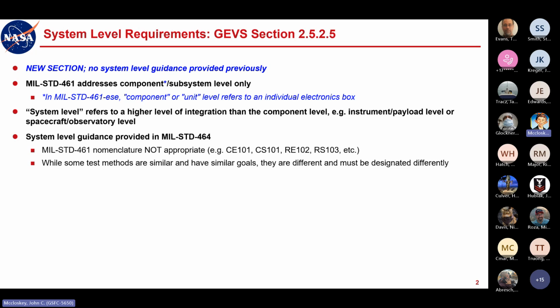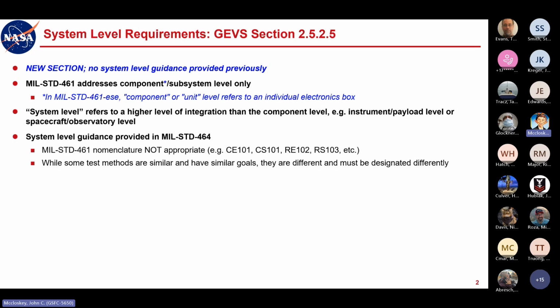When you say you're doing RE, I'll give you a specific example. Say you're doing RE 102. At component level, that means some very specific things, including a 1 meter distance from the test antenna to your test article. And when you're doing RE at system level, you're not really bound to that.